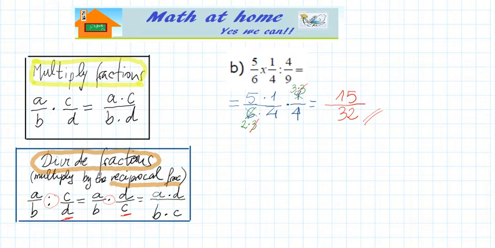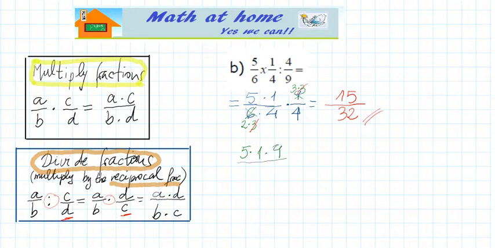Imagine that we wouldn't have done this simplification first. Let's do this exercise now in another way, avoiding the simplification first. So in this case, let's take, for example, the color green. In this case, we multiply 5 times 1 times 9.